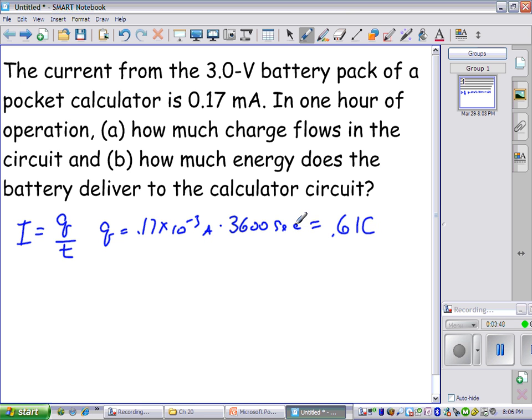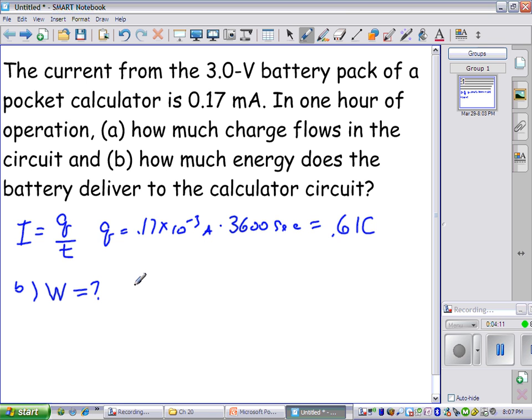Now part B wants us to solve for how much energy the battery delivers to the calculator circuit. We want to know how much work is going to be done, or how much energy. You'll typically see it as work equals, and that's what we want to solve for, the energy. What we need to realize is that 3 volts is really the potential difference.